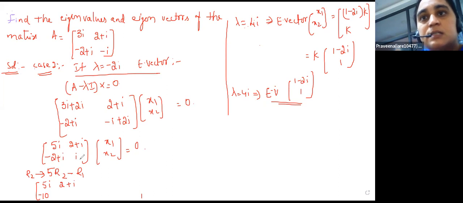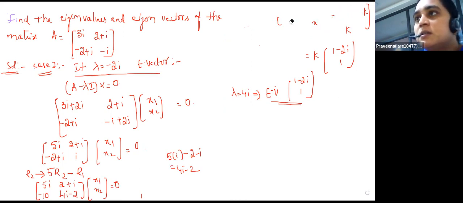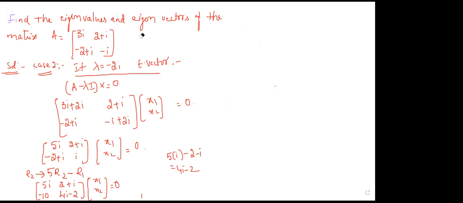Next, for the second element, 5 into R2 as I minus 2 minus I. That is 4i minus 2. For that, this is 4i minus 2 into x1 x2 is equal to 0. Ma, is there any mistake? Just tell me, ma. Is it correct? Yes, ma'am, correct.